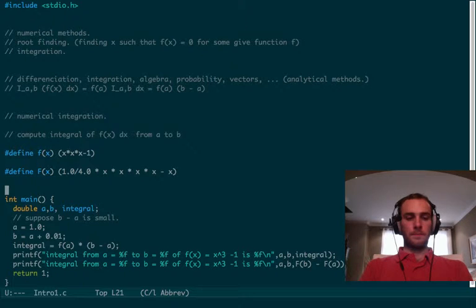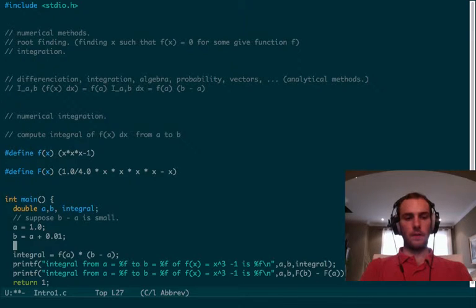And let's take our interval, which is no longer that small. Let's split it into 1,000 different intervals.